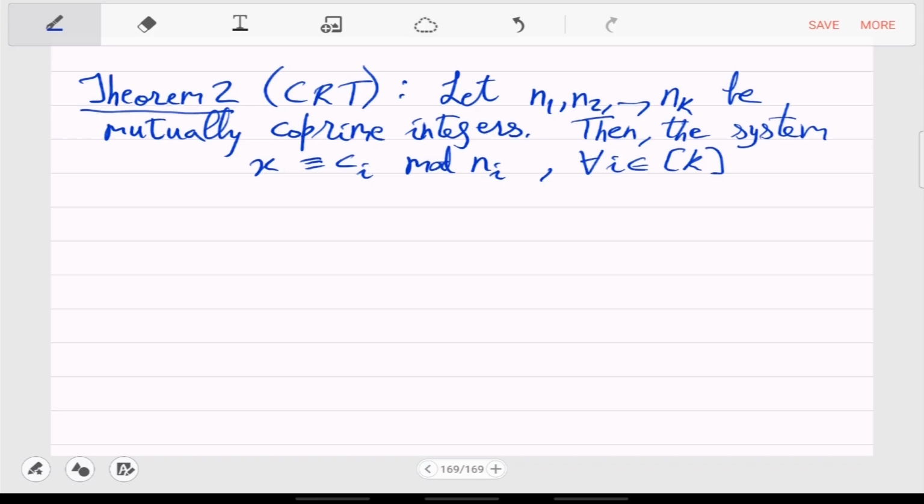So for any Ci's, you can uniquely find x, that is C1 mod N1, C2 mod N2, ..., Ck mod Nk, has a unique solution x up to what? Unique solution x modulo product of these Ni's, right?